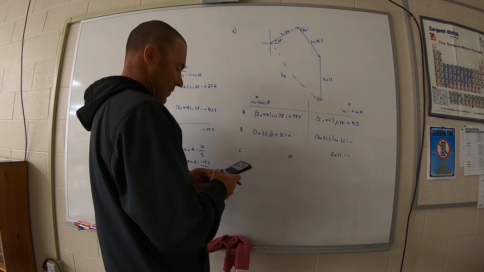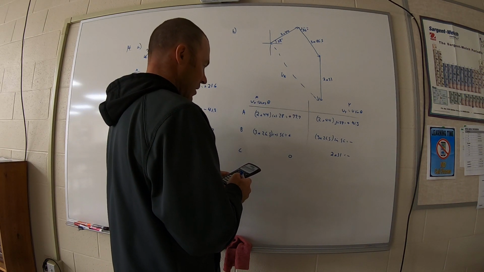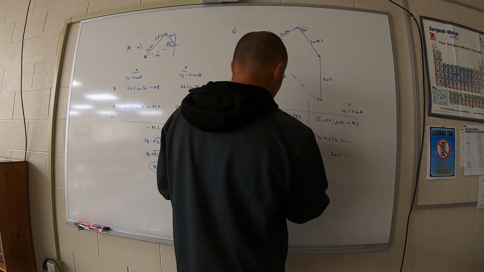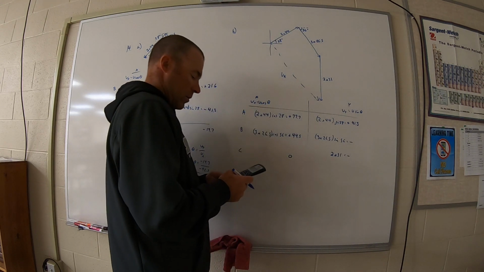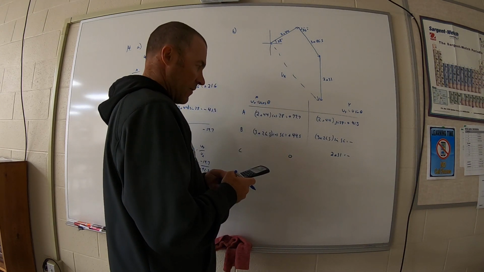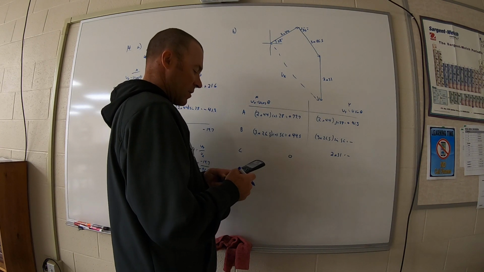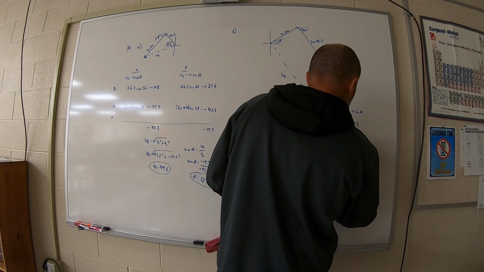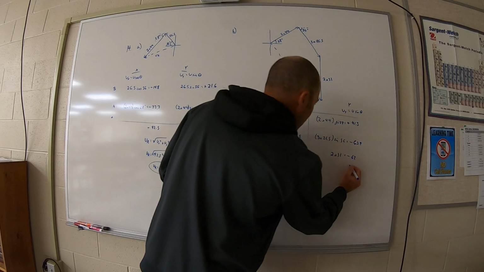Then B, 3 times 26.5 times the cosine of 56 is 44.5. 3 times 26.5 times the sine of 56 is negative 65.9, and this is negative 62. So let's add all those together.